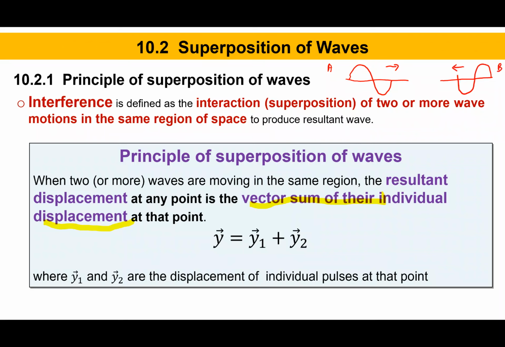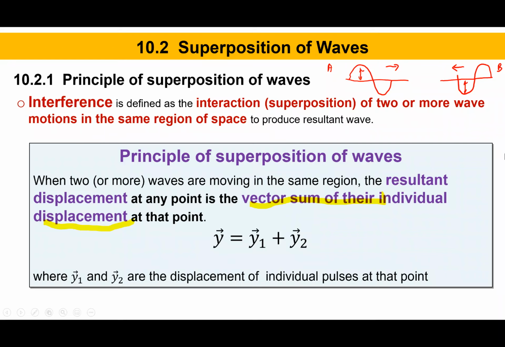So this one is wave B. So you tahu, kalau macam sekarang ni, ini adalah amplitude dia. Tapi yang ini amplitude dia, dia ke bawah. Yang ini crest, yang ni trough lah.